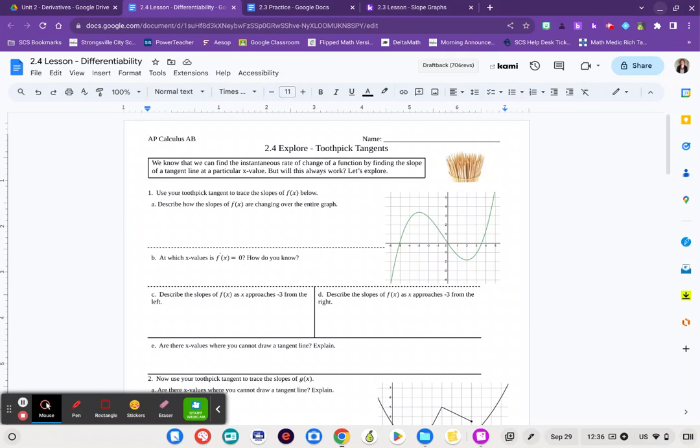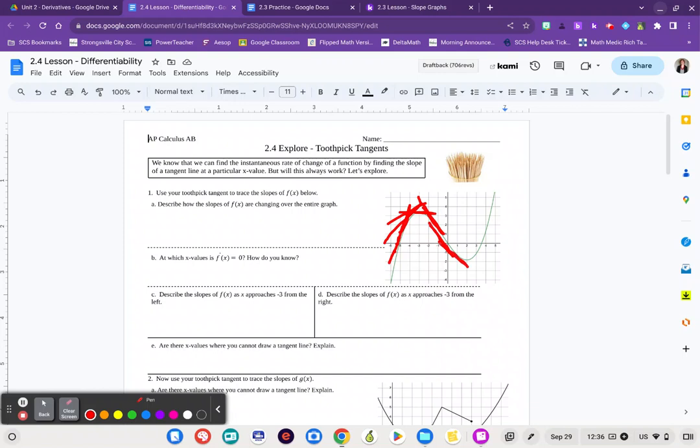Now, I do have toothpicks, so if you need to borrow a toothpick, they are sitting on my desk. When it says use your toothpick tangent to trace the slopes of f of x below, that means that you're going to move your toothpick along this curve so that you can draw in tangent lines as you're moving throughout this curve. And what you're going to notice is that you get lines that look like this.